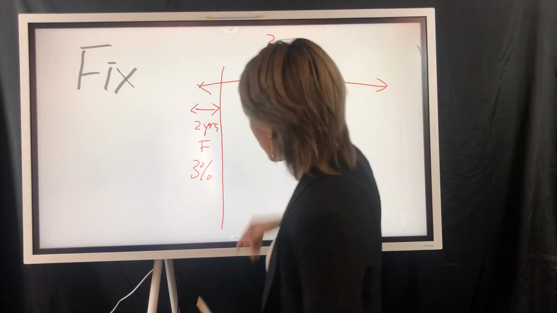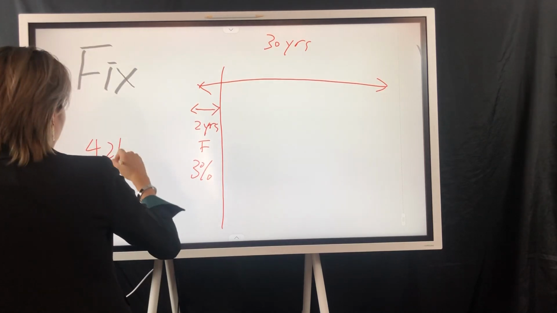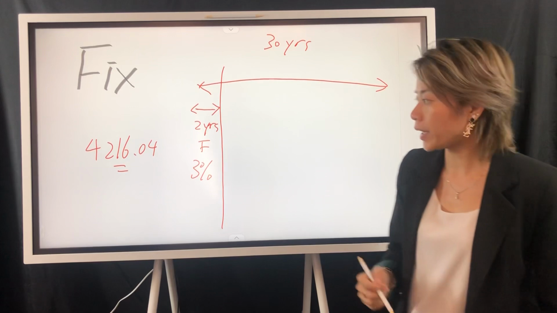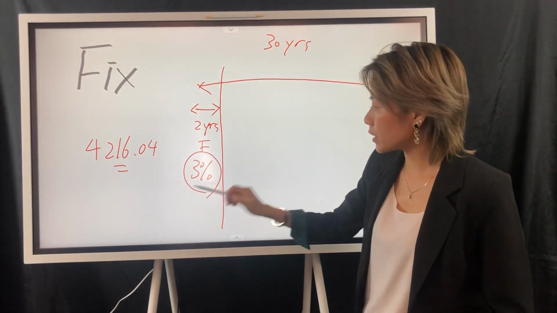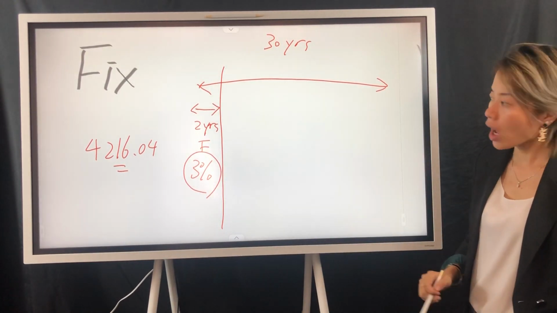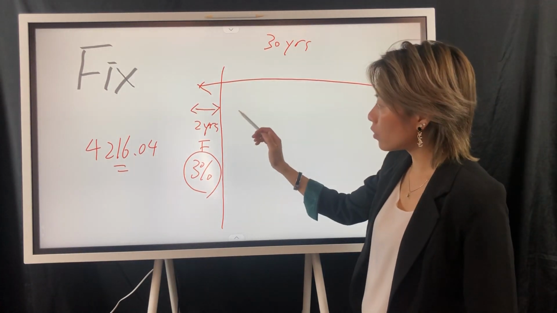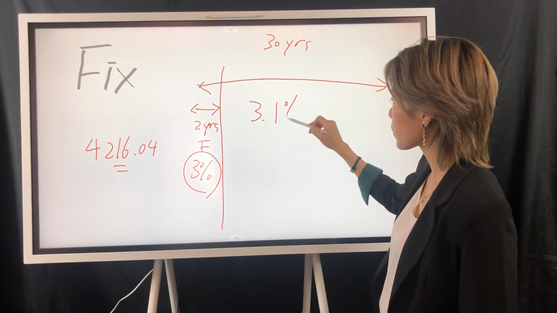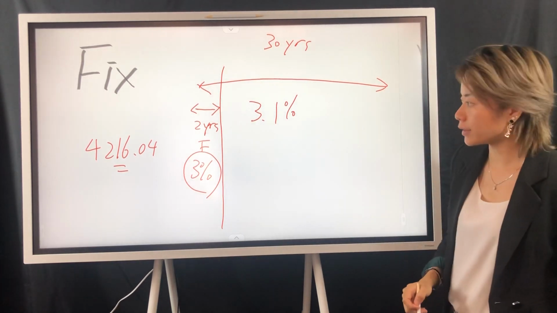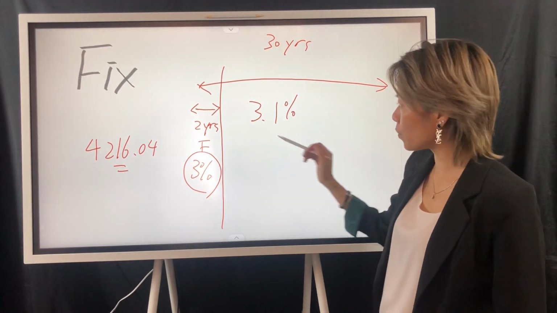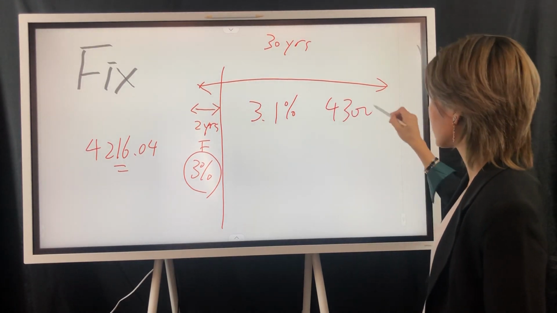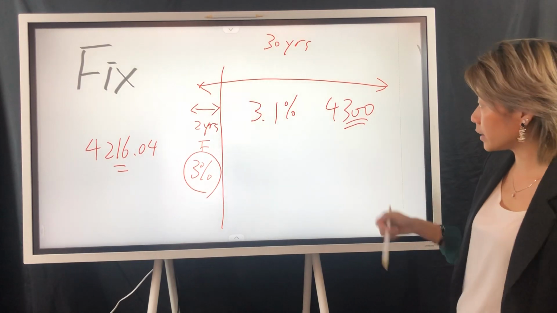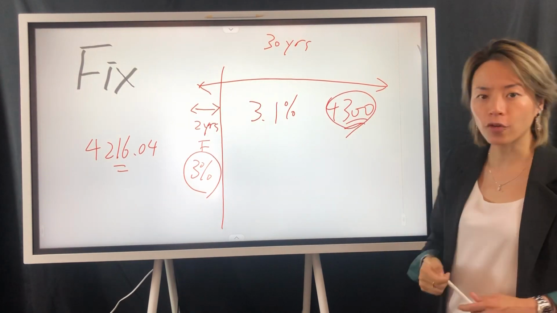All right, with the repayment. That was the repayment we're supposed to pay, based on 3%. Let's say when you redo your loan, whether fixed or variable, the interest rate goes up to 3.1%. In this case, let's just make it easy, the repayment is 4,300, and they will charge 4,300.